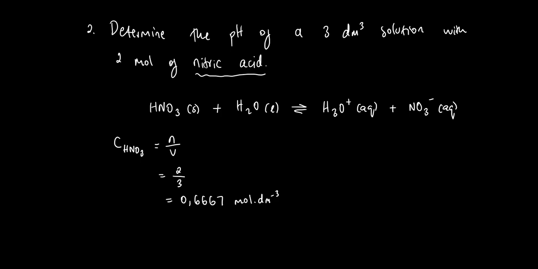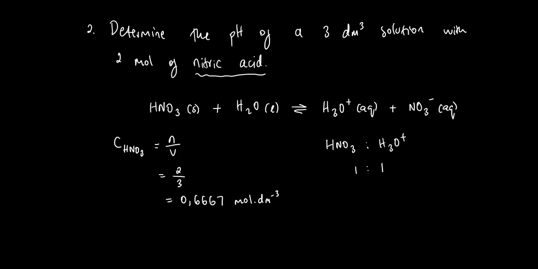Great. So now when you look at the ratio between HNO3 and H3O plus, do you agree that the ratio is 1 is to 1? 1 is to 1. That is great. Guys, remember when we were doing stoichiometry, when I told you about the ratios, this is exactly the same thing you do here.